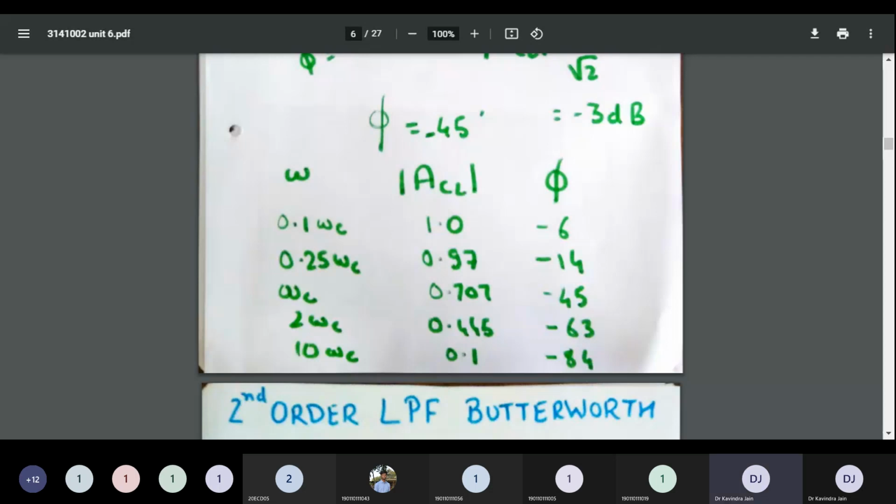Aniket, what magnitude did you get at 7000? So 0.28 and in decibel minus 10.96. Sir, I'm still calculating it.